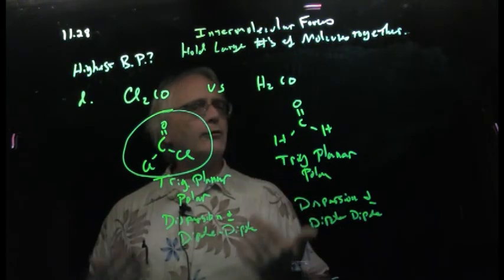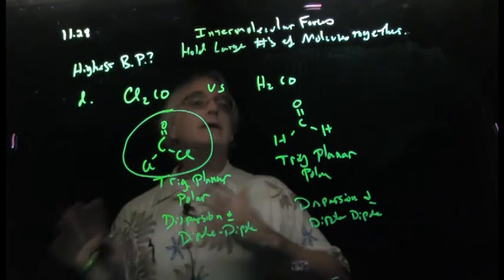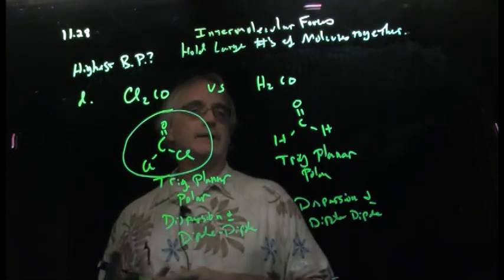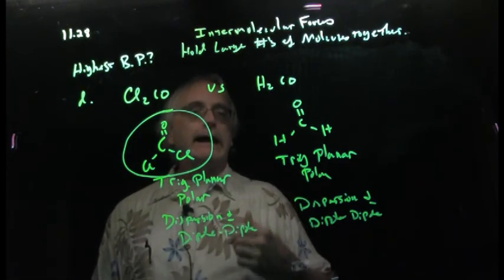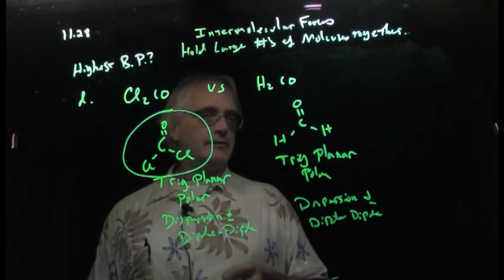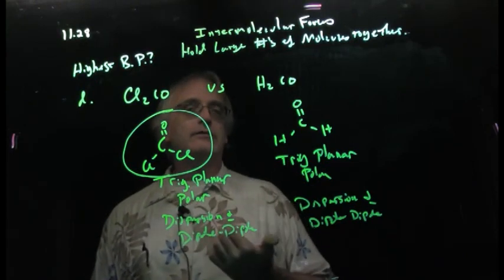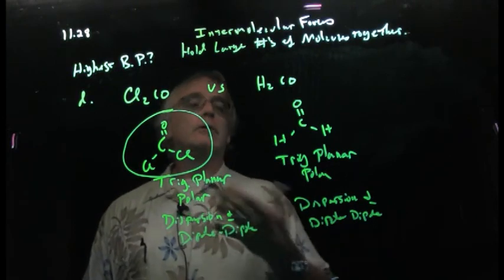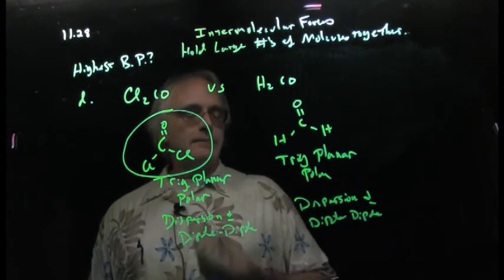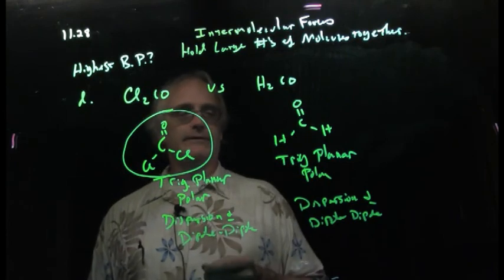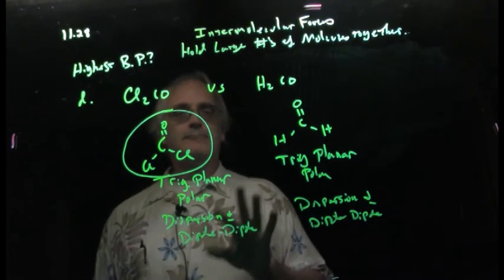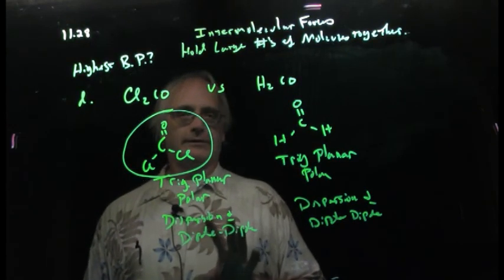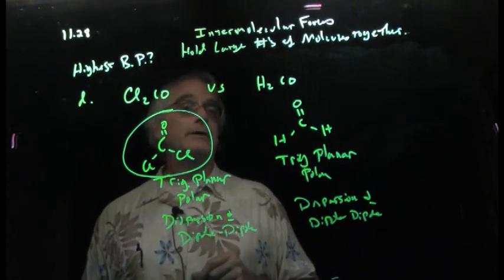Once you have pretty firmly set in your mind the three intermolecular forces, dispersion, dipole-dipole, hydrogen bonding, and a feel for their relative strengths and what factors go into making them weaker or stronger. Okay? Keep those ideas in mind, practice several of these, and you get pretty good at being able to spot those, particularly the hydrogen bonders.